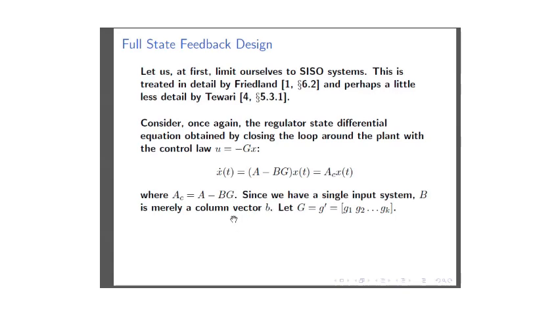Now, because the B matrix is now a column vector, for this multiplication of BG to happen, the capital G must be a row vector.